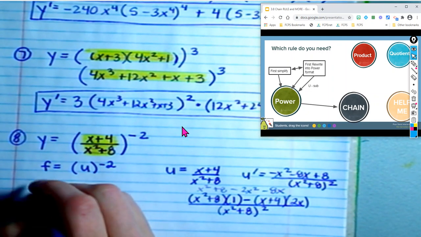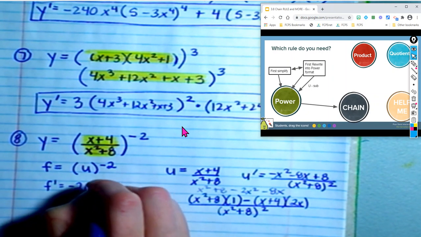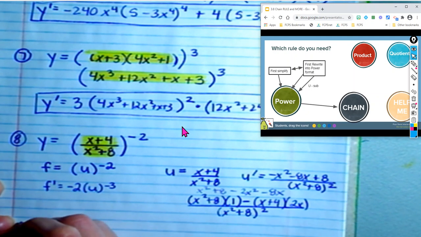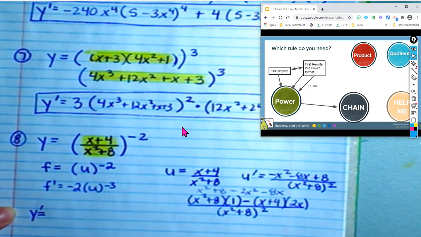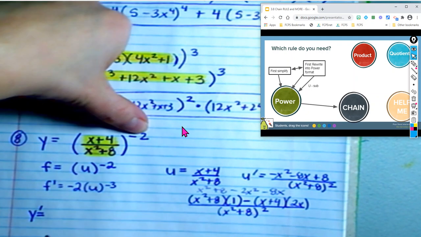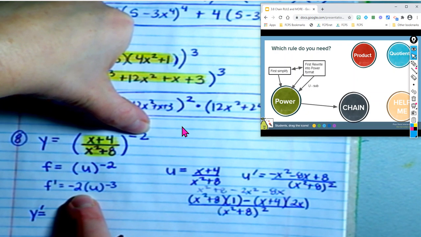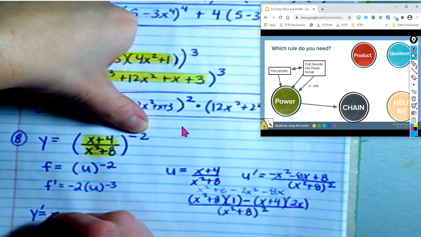Okay, what's my f prime? Negative 2 subtract 1. Okay, how do I do my derivative? Y prime equals. Now, I have the pieces separated here so that you can see it, but I'm going to try to write it together.